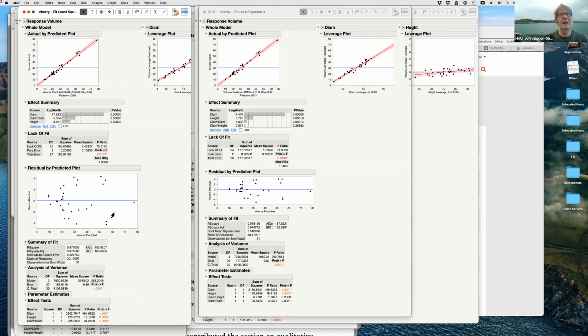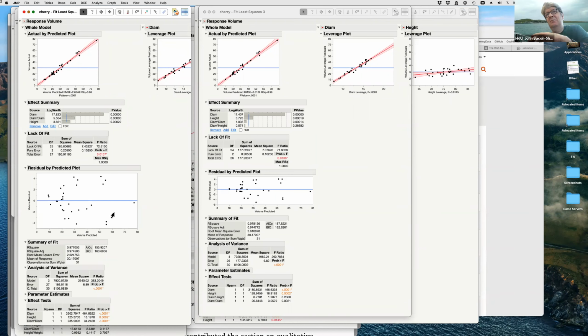So again, if you think about it from scientific principles, how would you expect volume to depend on diameter and height? I don't actually know what these cherry trees look like, but imagine if the cherry tree was approximately a cylinder, then you would expect the volume to be proportional to diameter squared times height. And if it was a cone, again, you would expect the volume to be proportional to the diameter squared times height.